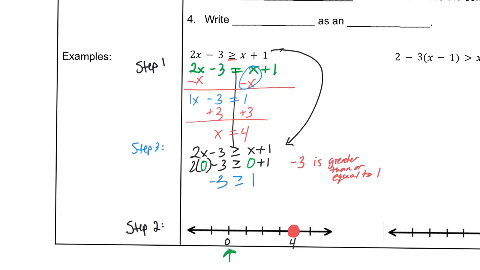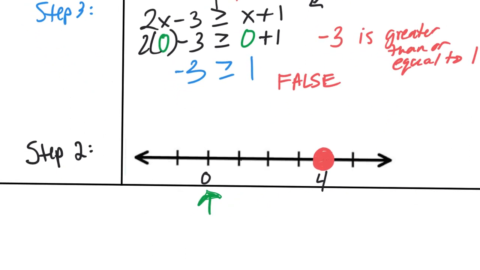Is that true? Is what you ask yourself. So what we see is that is not true, that is false. And so that tells me 0 is not a solution. So my line can't go to the left, it has to go to the right. And that's how you determine which way to go. So we have our line going to the right. We've finished plotting our point, okay? Because 0 is not a solution.